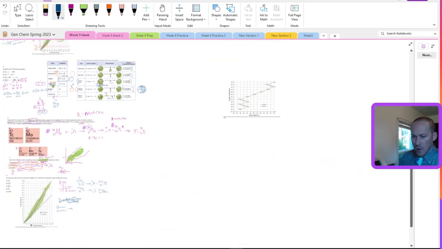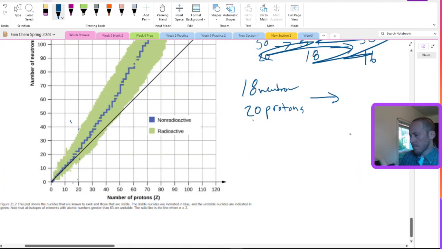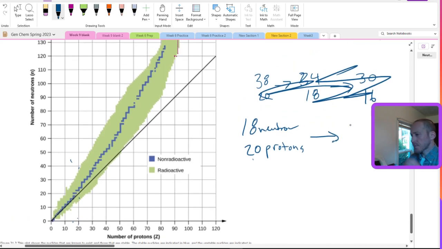Because otherwise, if the electron comes in, then we end up with 18, 19. That's still not very good, huh? So it's positron emission then. So let's say it's positron emission. So we lose a positron, and that means that we have 18 and 19.